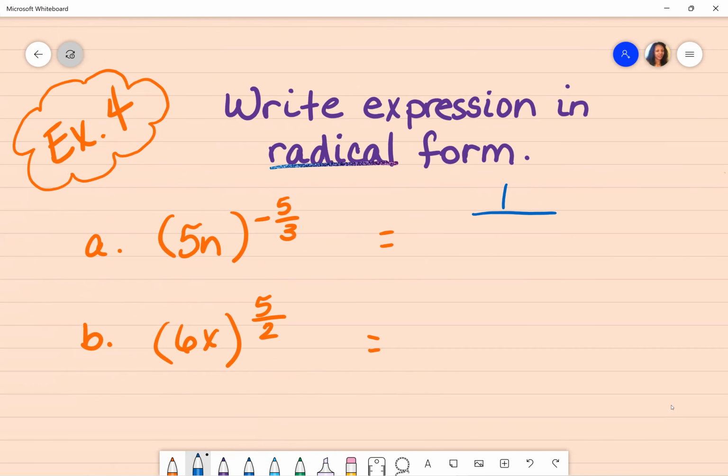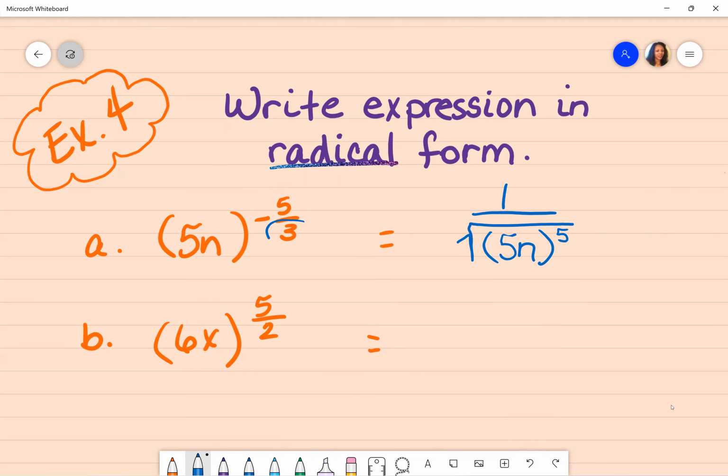Your numerator, your top number, always goes with your radicand. Since we're writing it in radical form, we're going to have a radical. The 5n goes together, so I'm going to put it in parentheses, and I just said the top number goes with it.